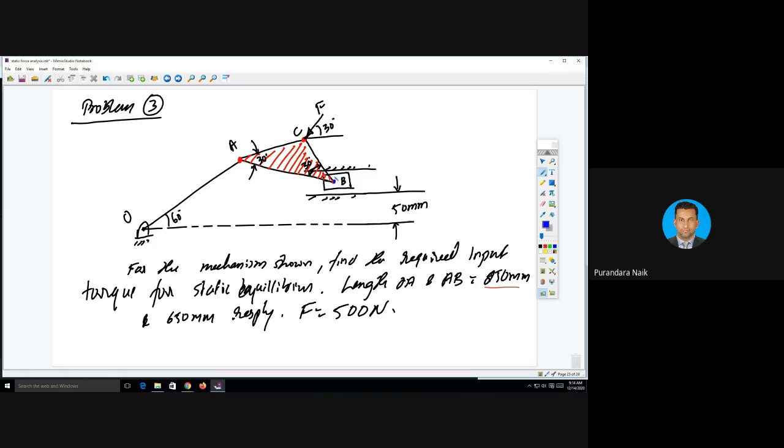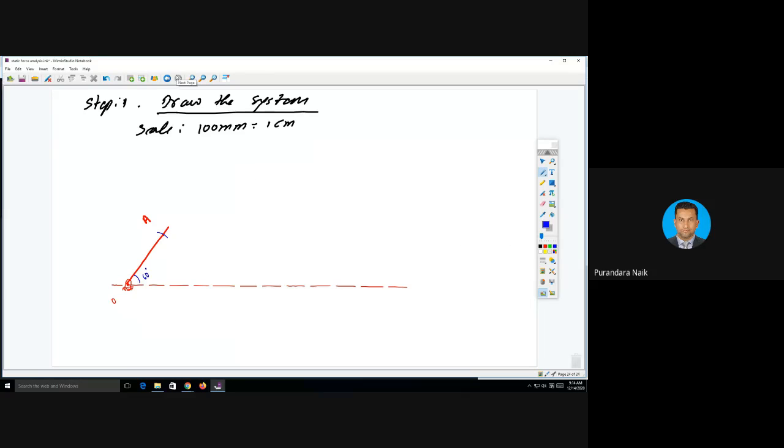So just draw a line at a distance of 50 millimeter. 50 millimeter means 0.5 centimeter, correct? So I've drawn a 50 millimeter line.